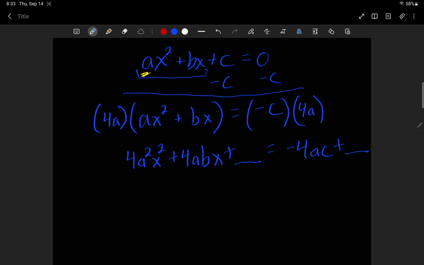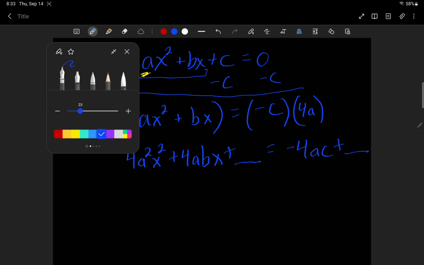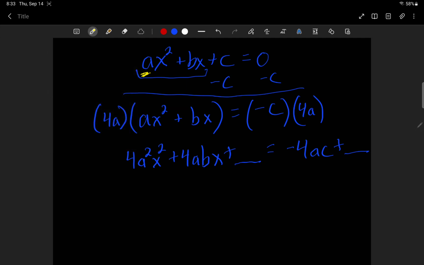Now, to figure out what's going to be added here, I need to kind of divide off the factors of my front side. Like this piece, we know that when we do this, we end up with that ab in the middle, right? This is my left term and my right term of the binomial.